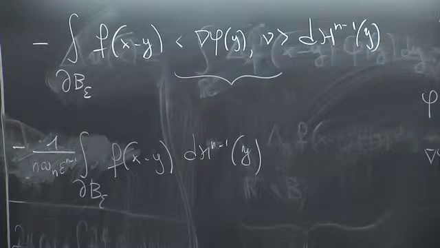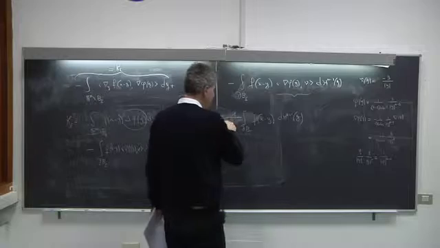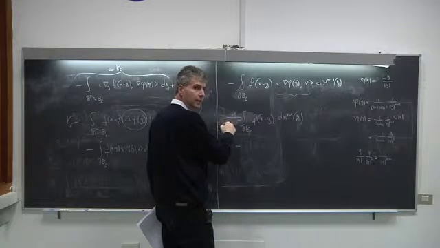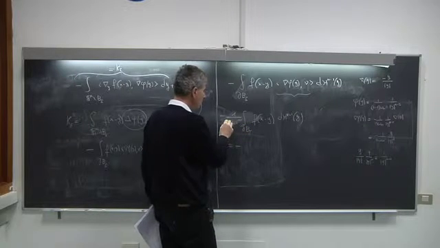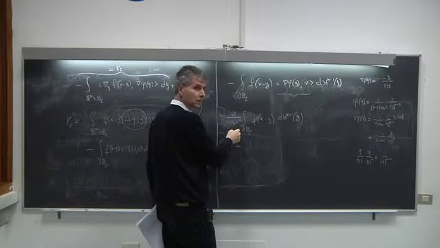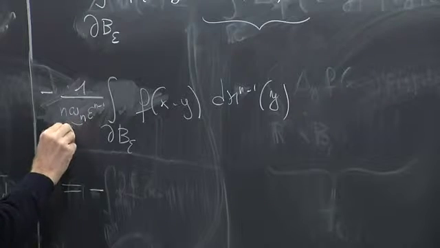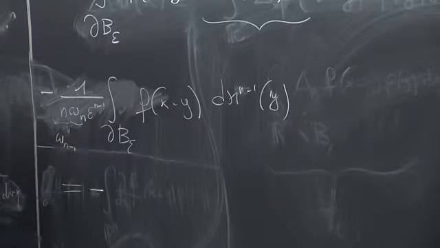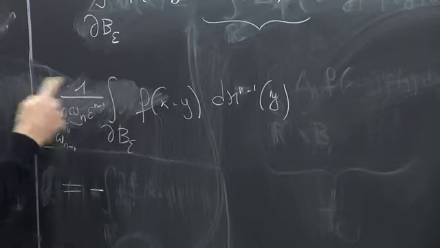This is very nice because this is the mean value up to the sign. This is exactly the area of this surface, because this is omega n minus 1, remember?